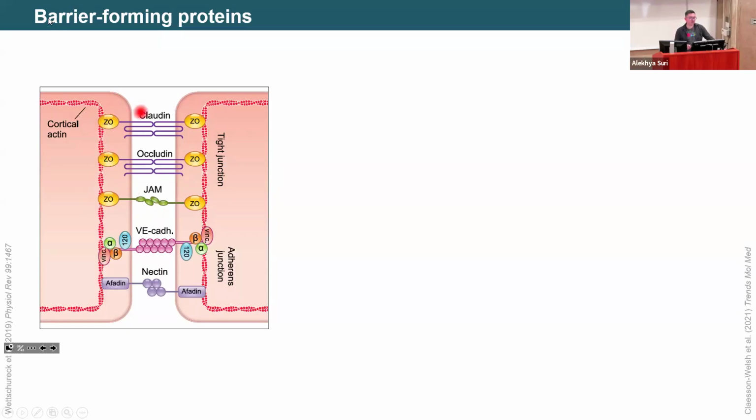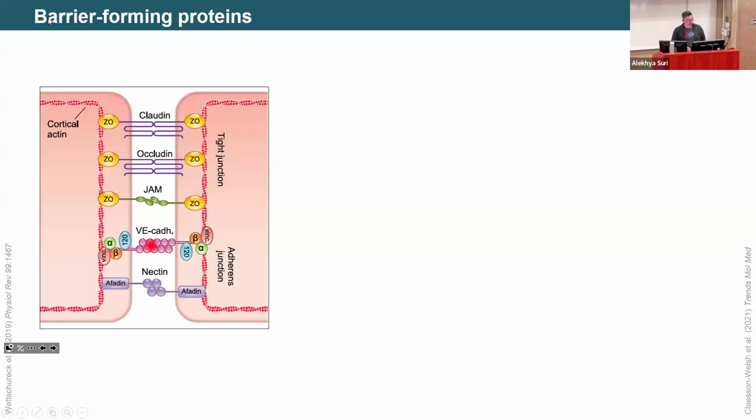And these are the proteins that are really important in areas in endothelia that have the tightest of barriers. So these are very highly expressed, for instance, in the endothelium of the brain, and also in the endothelium of most arteries and arterioles.